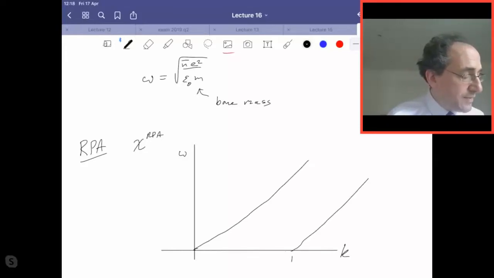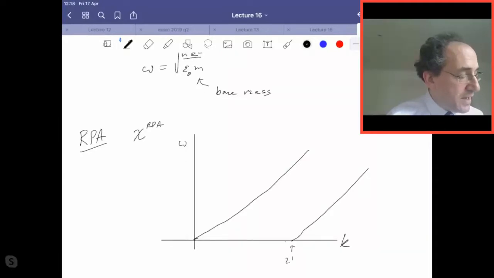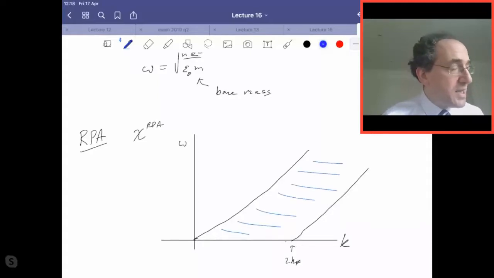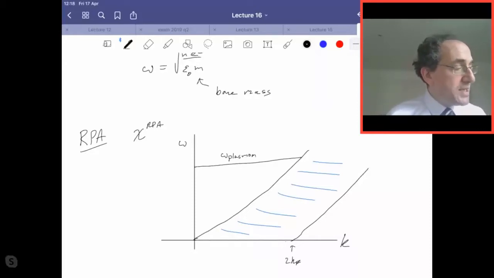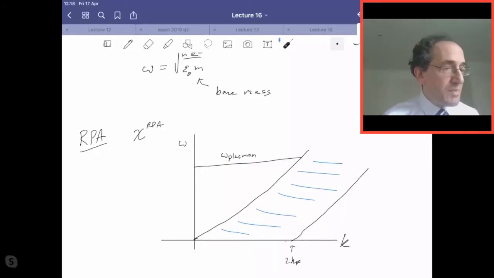This is 2kF, and you have excitation modes here associated with particle-hole excitations, but then up here there's an additional sharp mode at the plasma frequency. So in addition to this particle-hole continuum, there's one sharp mode up here at the plasma frequency, which then enters the particle-hole continuum up here.